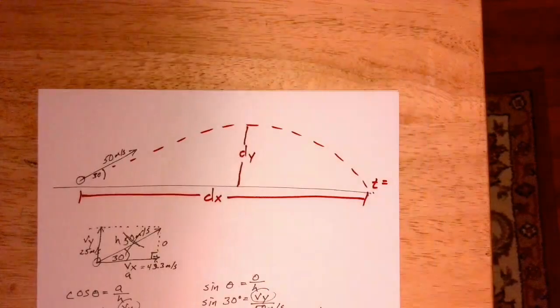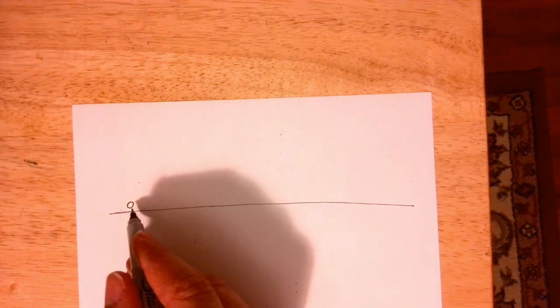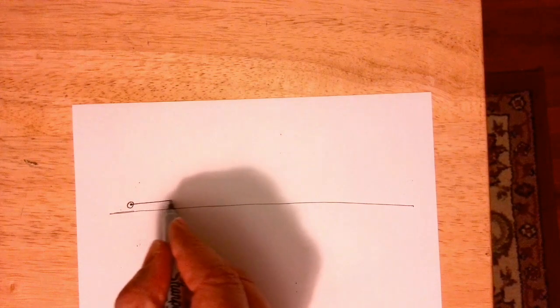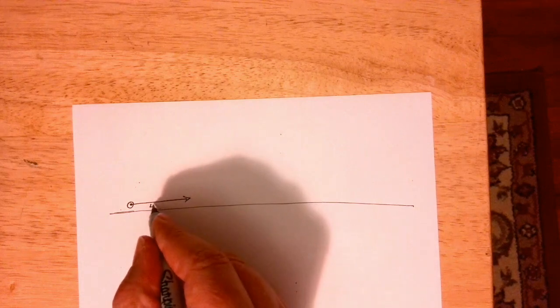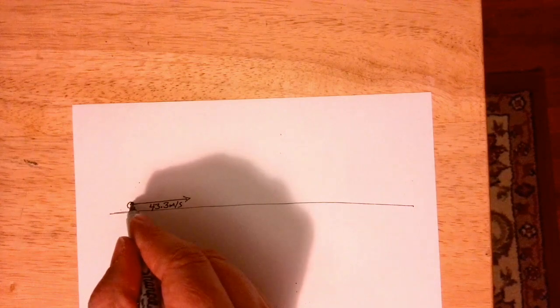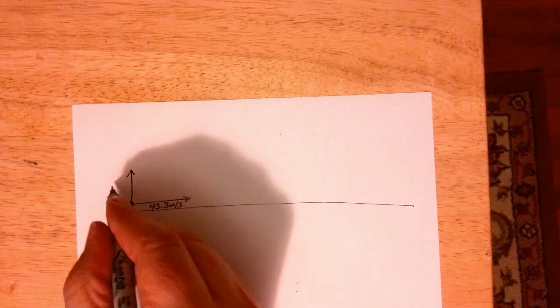So I'm going to redraw this with some of the new details. So again, bring this down here. Now what we have is the velocity horizontally is 43.3 meters per second. Vertically it is traveling at 25 meters per second.